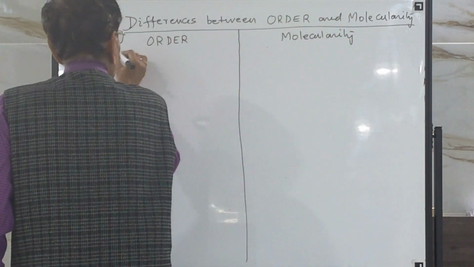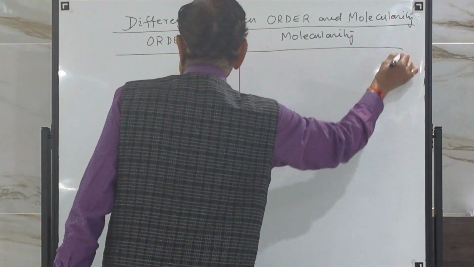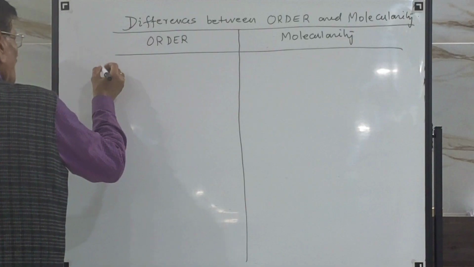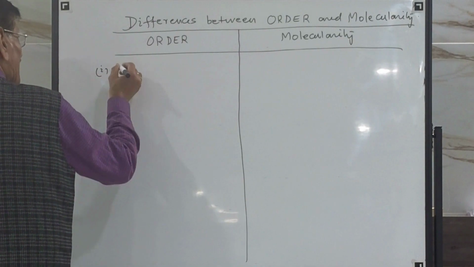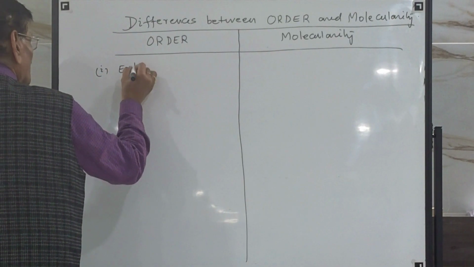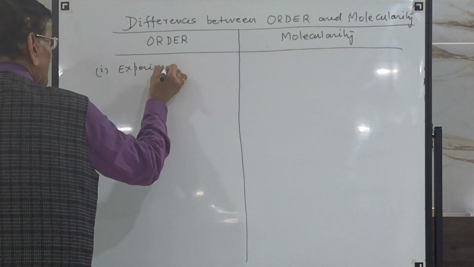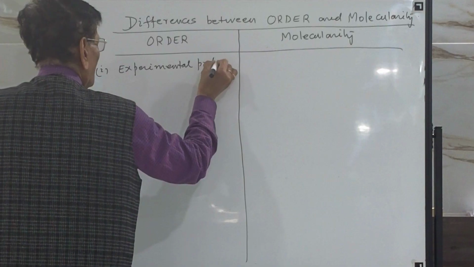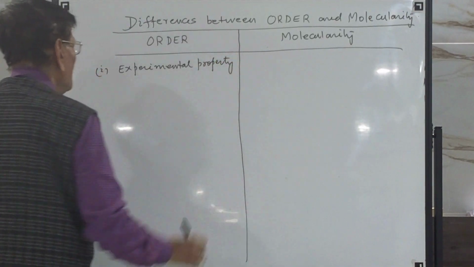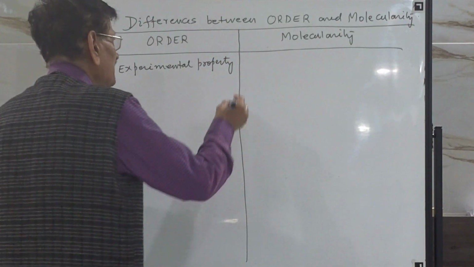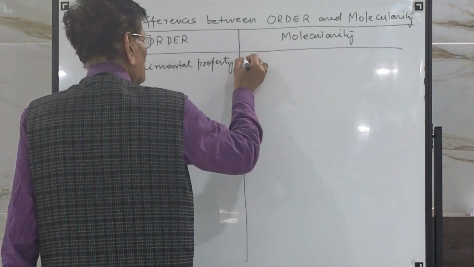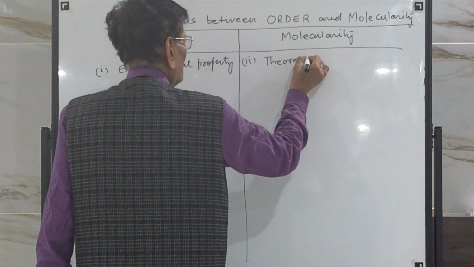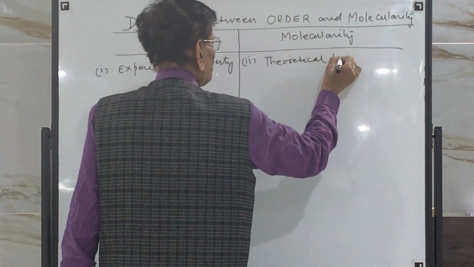Order is an experimental property, whereas molecularity is a theoretical property.